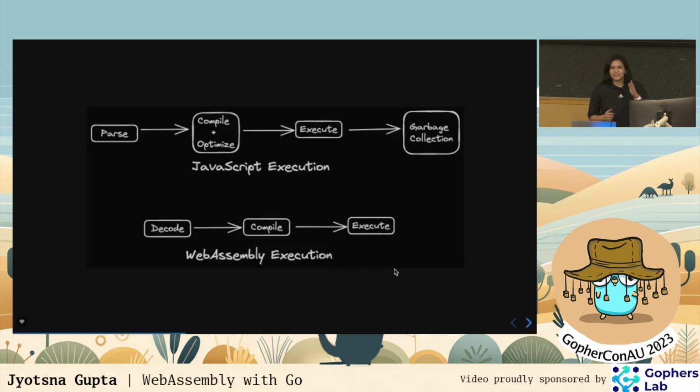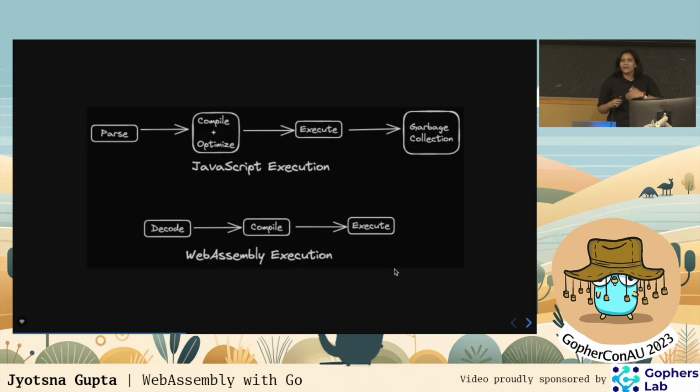Firstly the code is parsed, and once it is parsed, it is converted into the data structure AST, and then finally into binary code. And we all know that JavaScript is a dynamically typed language, so it also takes some time to compile and optimize, and then also it takes time to execute that.